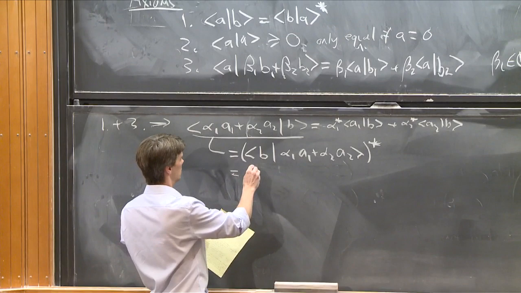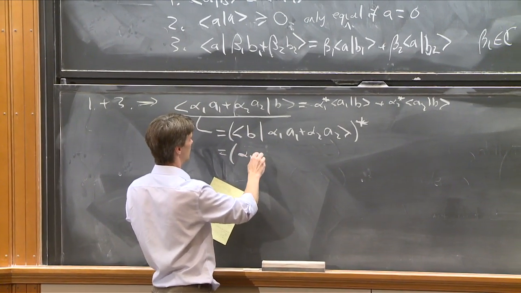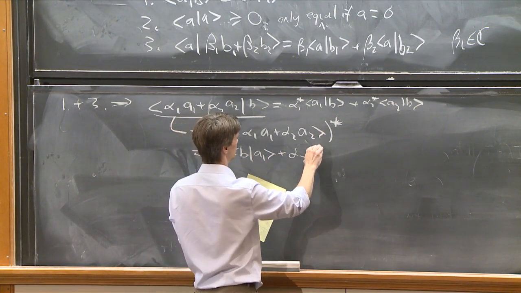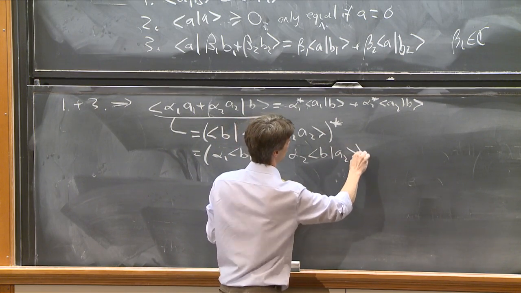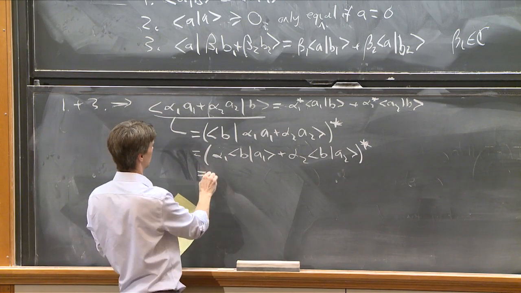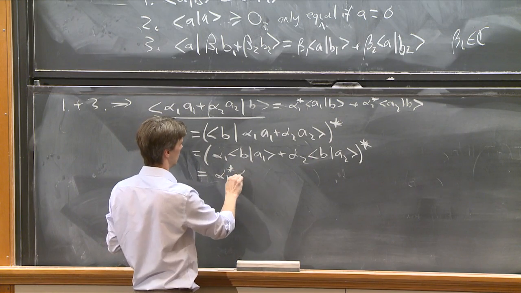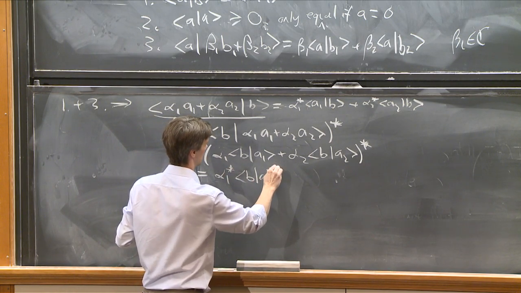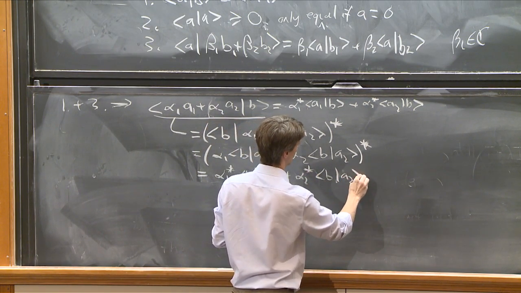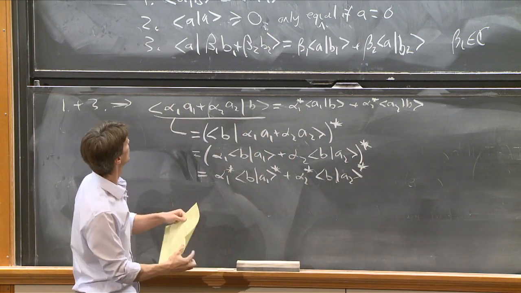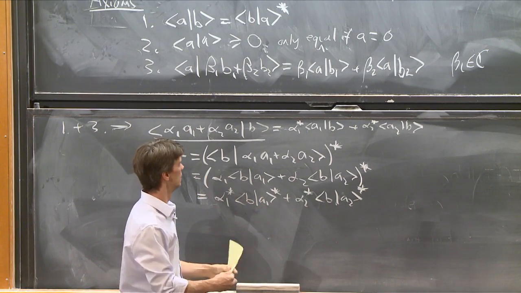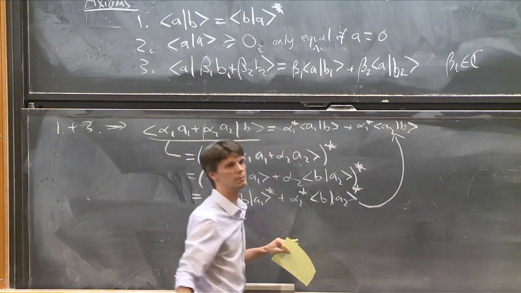We can write this as alpha 1 B A1 plus alpha 2 B A2, all complex conjugated, which, let's put all the steps in, is alpha 1 star, then this 1 star, and then by the first axiom, we can flip these and get rid of the complex conjugation, and then that gives us this one up here, right?